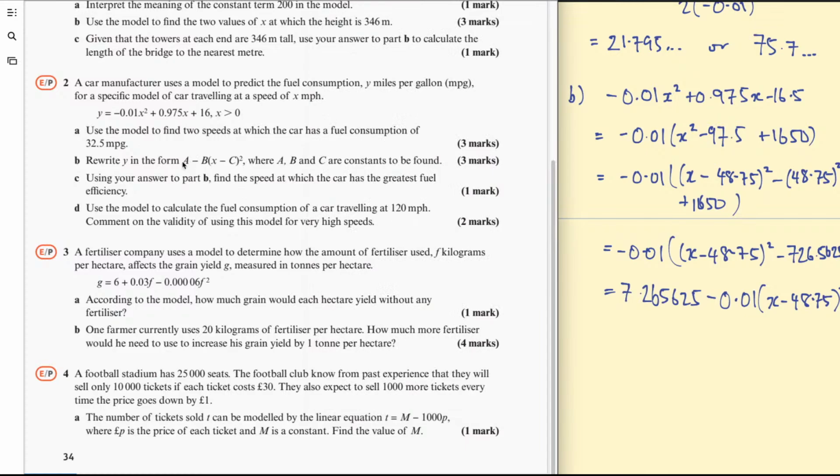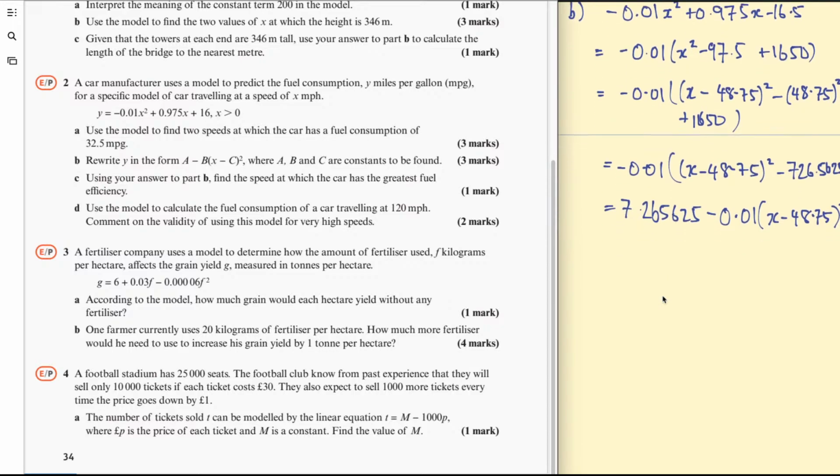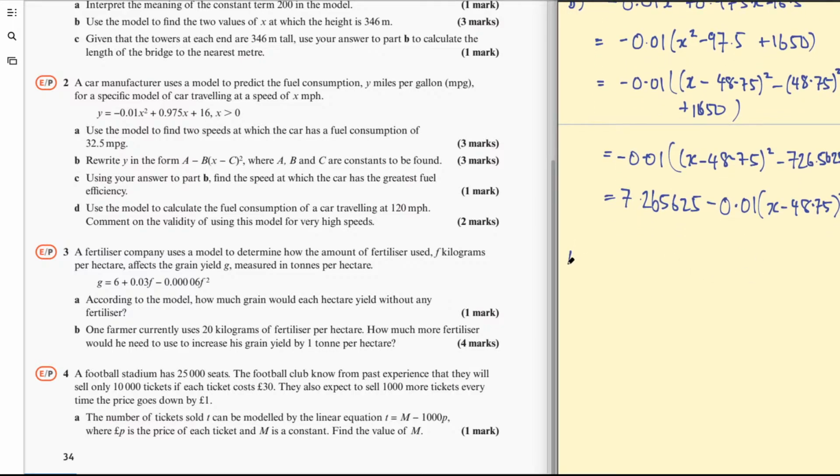So that should be my quadratic in this form: a take b bracket x take c all squared, where a, b, and c are constants. So these are my constants. a is equal to 7.26 and so on, b is equal to 0.01 and c is equal to 48.75.